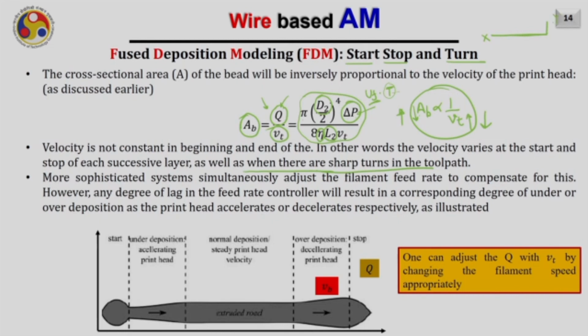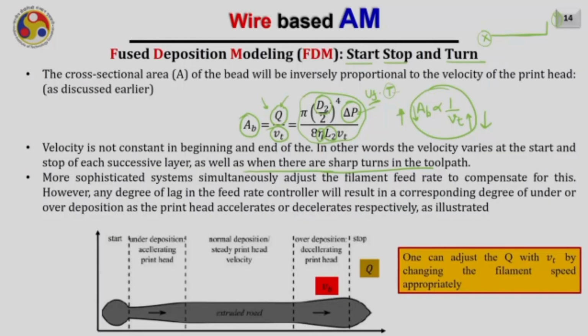Now you are moving in the Y direction, and suddenly the X motor has to stop and the Y motor has to start. Due to the inertia, this doesn't happen instantaneously. There is a delay for that. Therefore, the velocity doesn't change rapidly. It takes some time and forms a trapezoidal form.